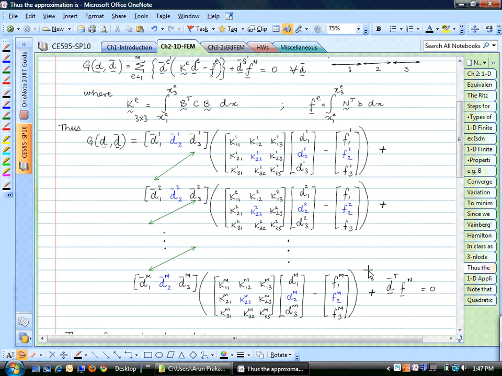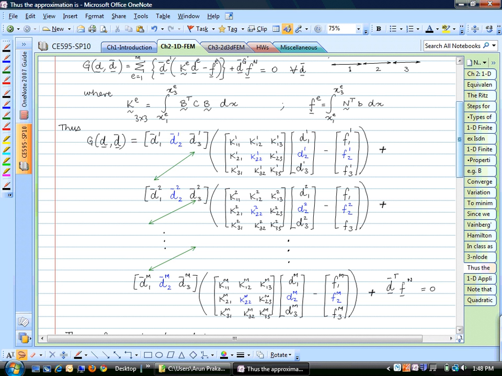But note that in order to be able to add these things up, what we are saying is that degree of freedom 3 from element 1 is actually the same as degree of freedom 1 from element 2. So this is the assembly process that you should all have actually used even for your one-dimensional finite elements, right? So you can go about the same way, assemble all the 3x3 matrices to form one big stiffness matrix.